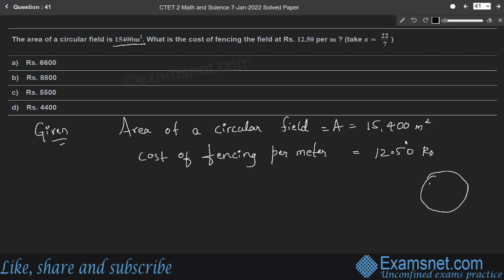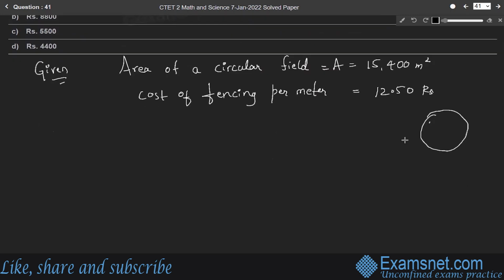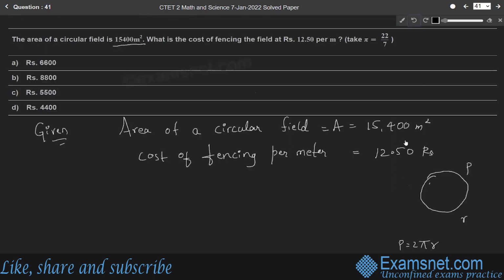Right. So we have to find the total cost of fencing the perimeter of the circular field. So for that we need to find the perimeter. For perimeter we need radius. Right. Perimeter is equal to 2 pi r. Therefore we need radius. So by using the formula pi r square, let us find area is equal to pi r square. Let us find the radius of the circular field.